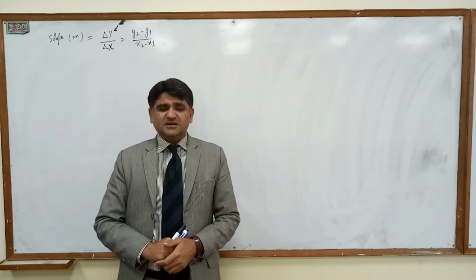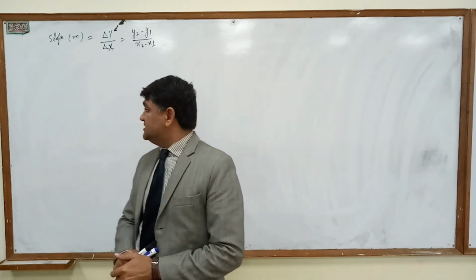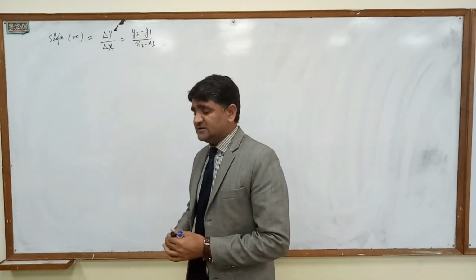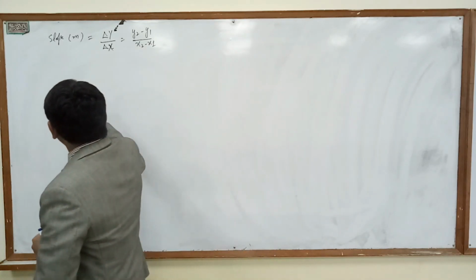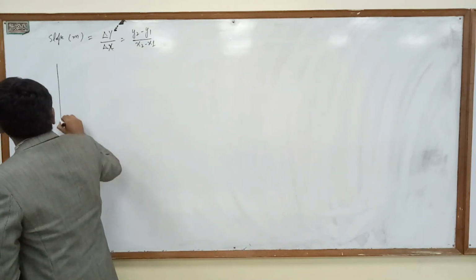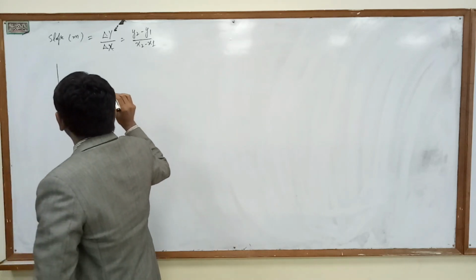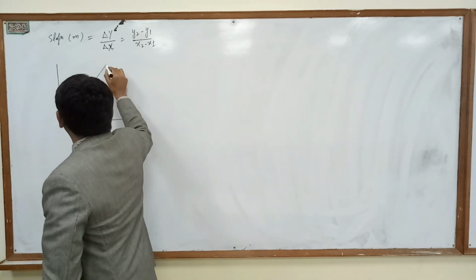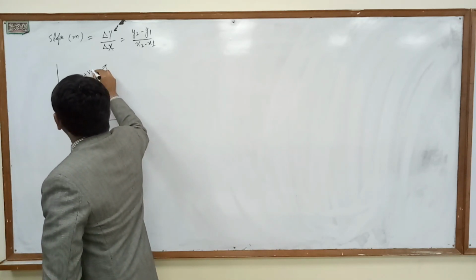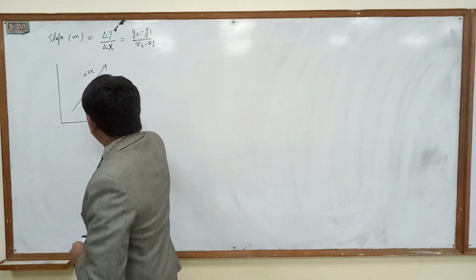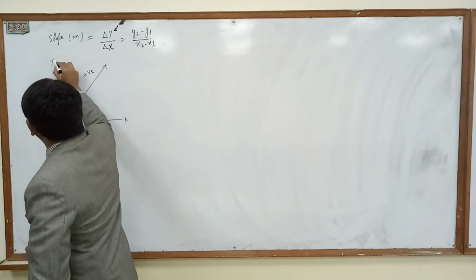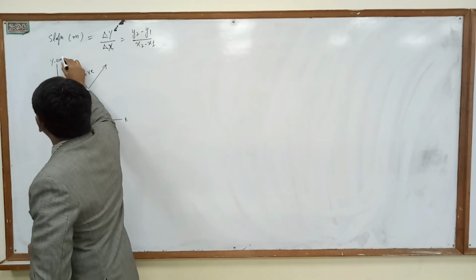And always the curve of a positive slope goes left to right, upward. Here we can draw the curve. It goes left to right, upward. That is a positive slope. Here is the x-axis, and here is the y-axis. Clear, students? Yes.